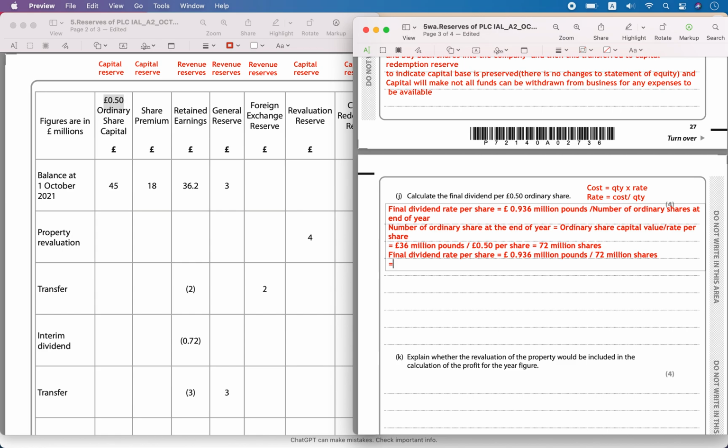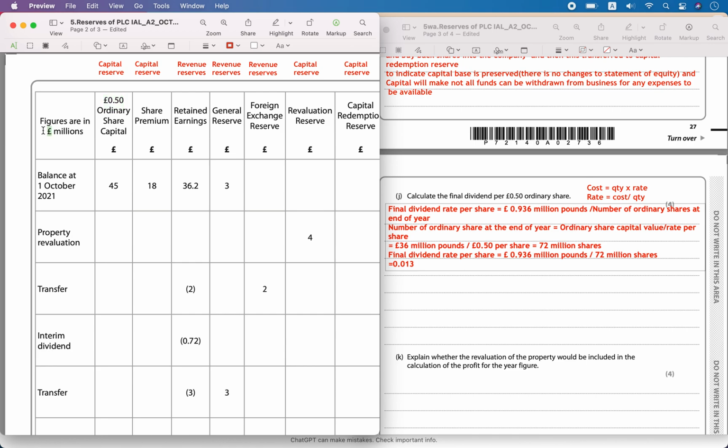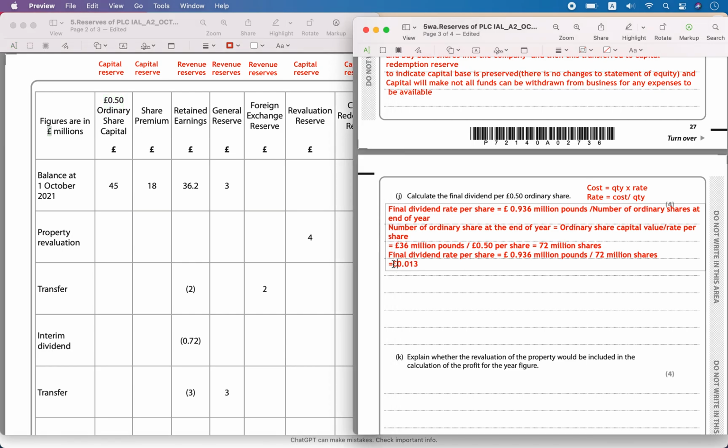So that is 0.936 divided by 72, which is equal to 0.013 pounds per share.